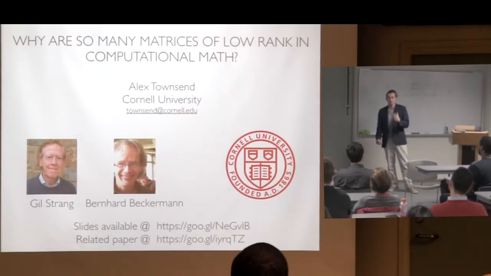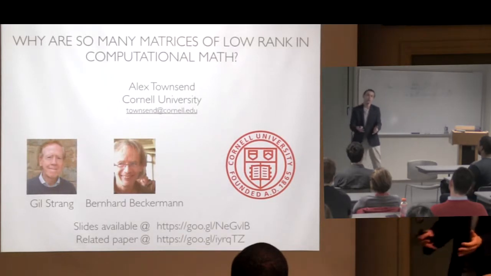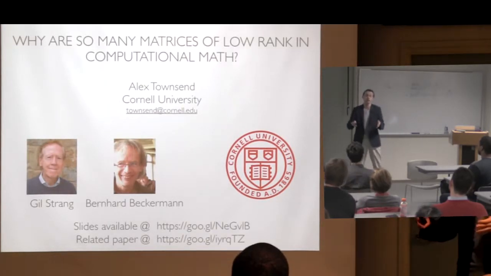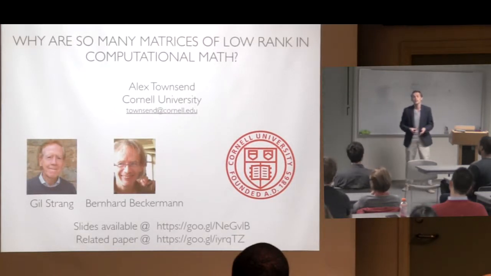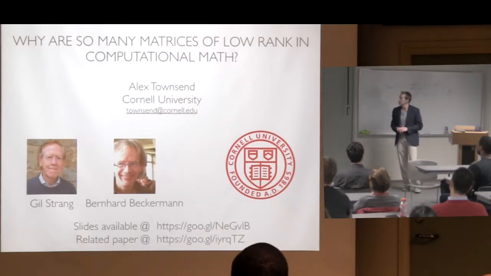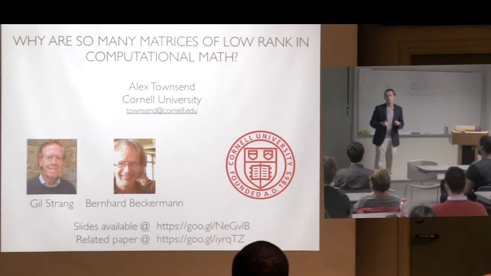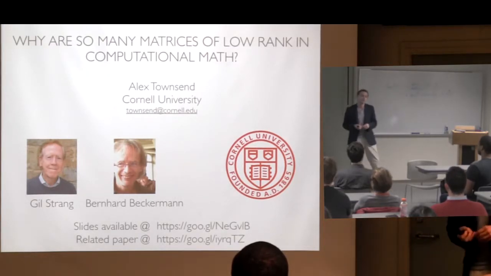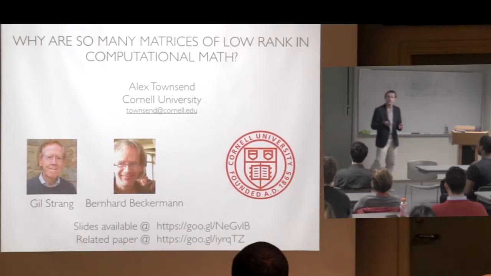Is there some fundamental underlying phenomenon that's causing low rank matrices to appear in control theory, in statistics, in machine learning? I'm not an expert in all those areas, so I'm going to focus on computational math and try to understand why low rank matrices appear there. But if you're an expert in one of those other fields, I hope you could raise your hand and make comments about why this may or may not translate into your field.